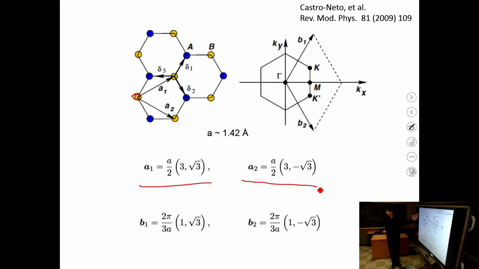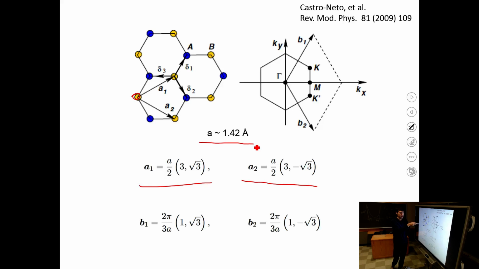Because it's a hexagon, there will be the square roots of 3 from the sines of 30 degrees. A will be the size of the hexagon, so that's about 1.42 angstroms. That's the distance between the two atoms.